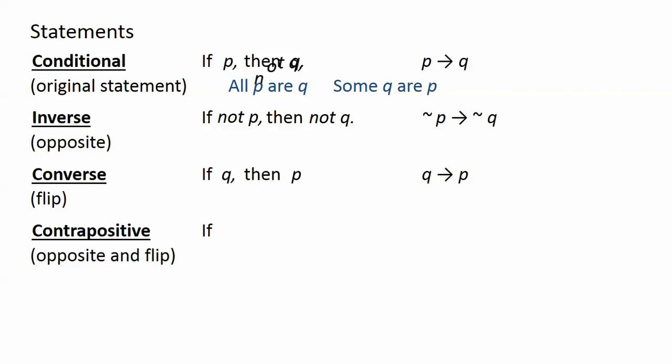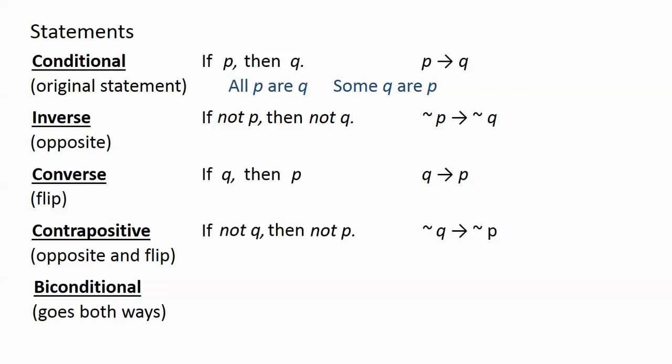If not Q, so it's both the opposite and flipped, then not P. And we'll write that with the tilde sign again. Tilde Q, then tilde P. If not Q, then not P.